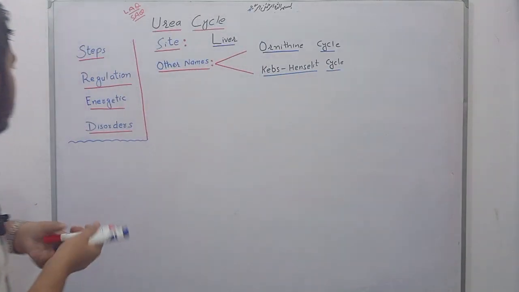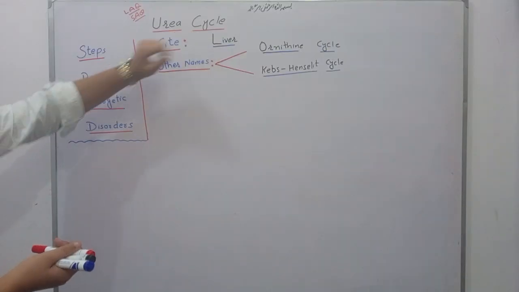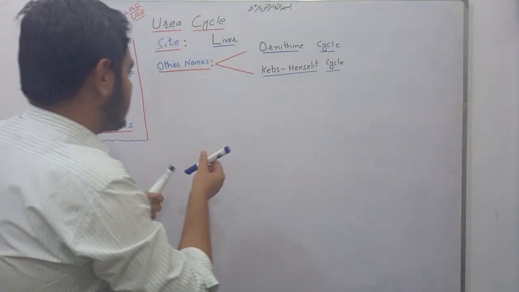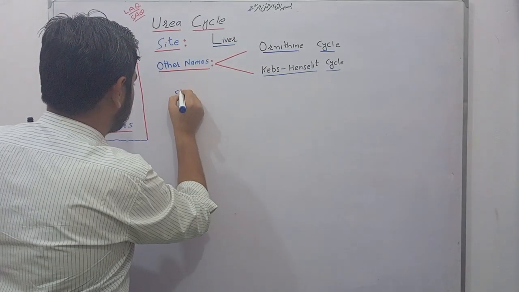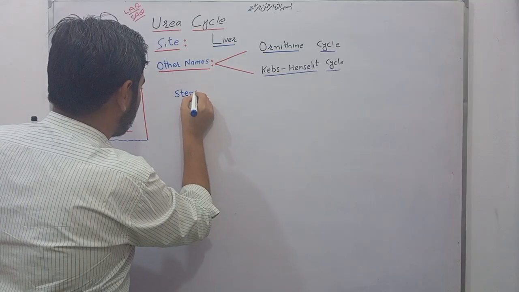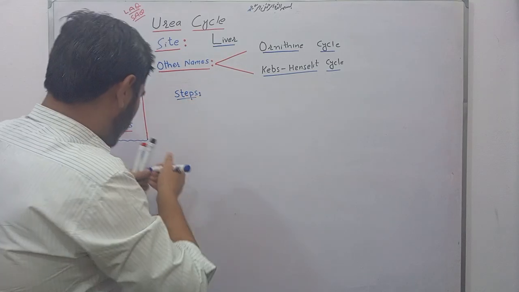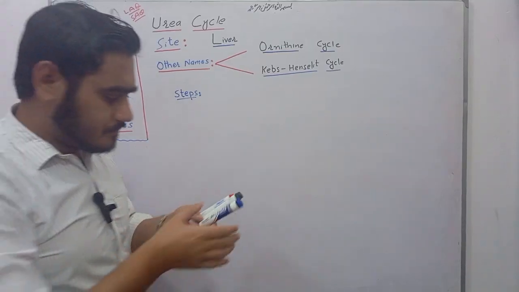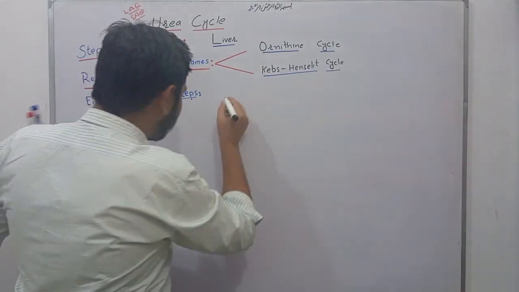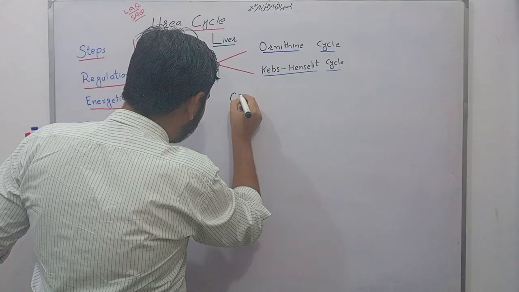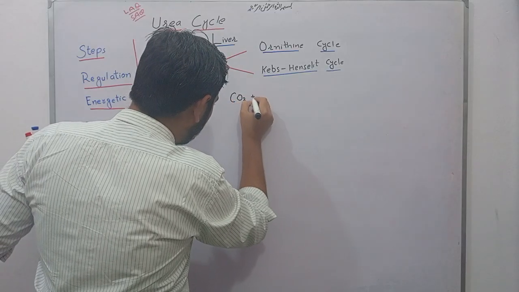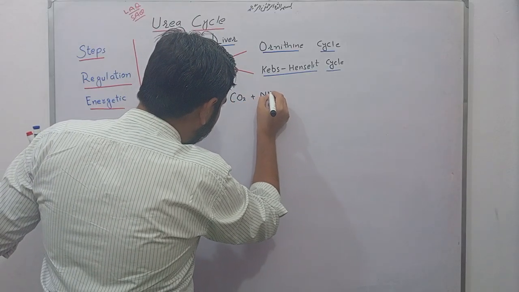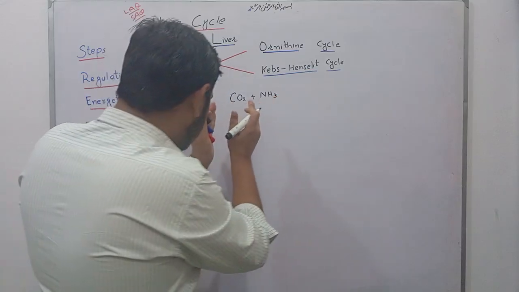Now coming toward the steps of the urea cycle. So first of all, carbon dioxide and ammonia get attached with each other.